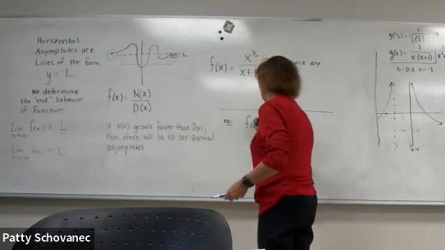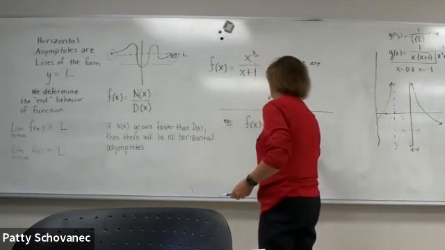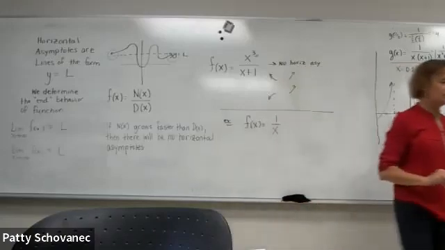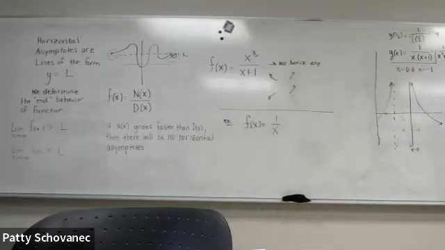So let's just look at your most basic function. This is one of the functions in chapter 1 that I said, know the graph. What does the graph of y is equal to 1 over x look like? Anybody draw the graph of y is equal to 1 over x?